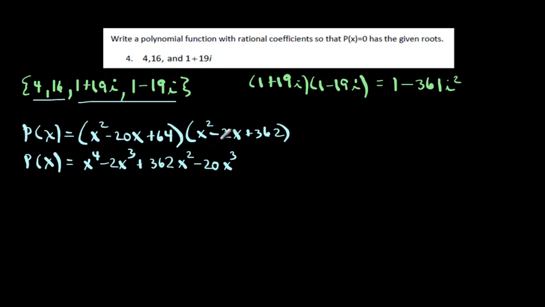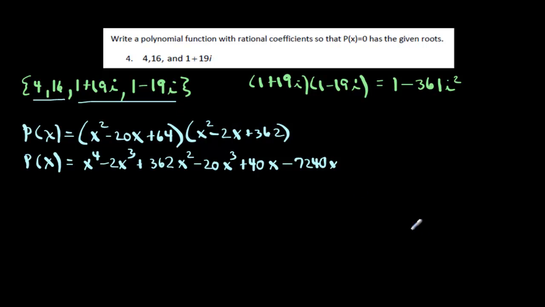Negative 20 times negative 2x is positive 40x. Negative 20x times 362 is going to be negative 7,240x. Got some crazy numbers here.